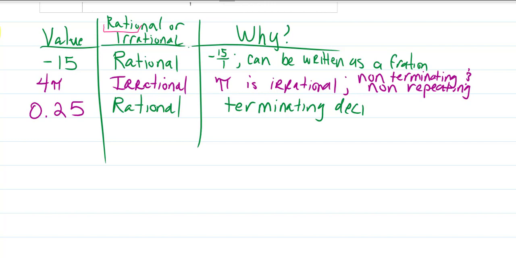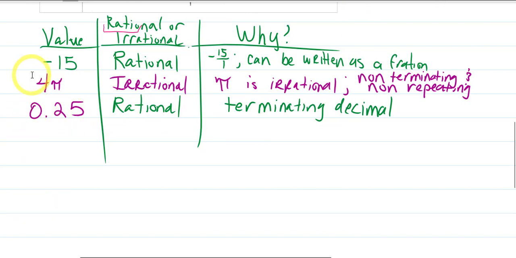We can also say it's rational because it can be turned into a fraction. We practice these in class. You turn this into a fraction, it ends in the hundredths place. You write it as 25 over 100. At that point, it is a fraction, and then we can simplify it. But it can be written as a fraction. That makes it a rational number.